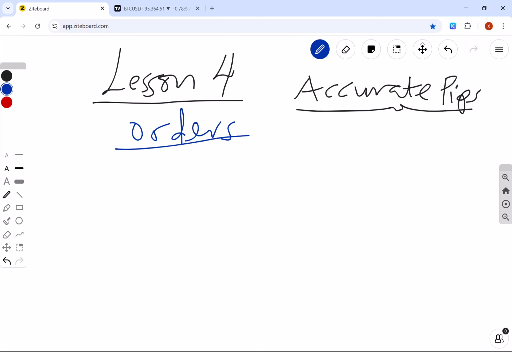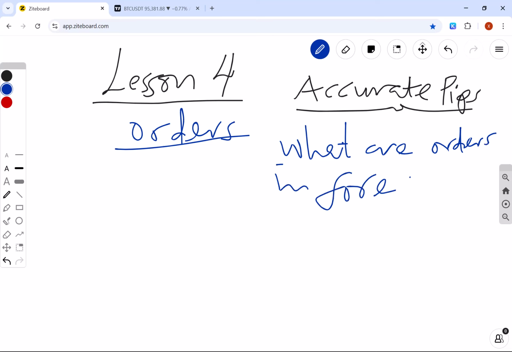So first of all, before we look at the various types of orders we have, the question you should be asking yourself is, what are orders in forex?